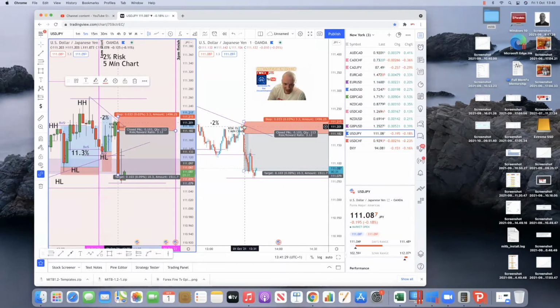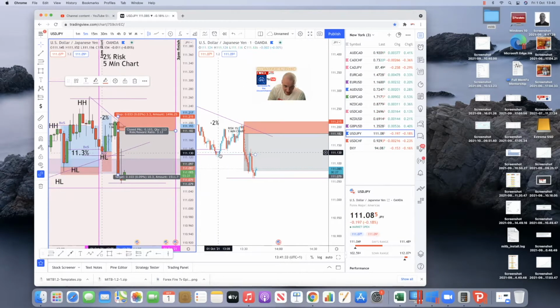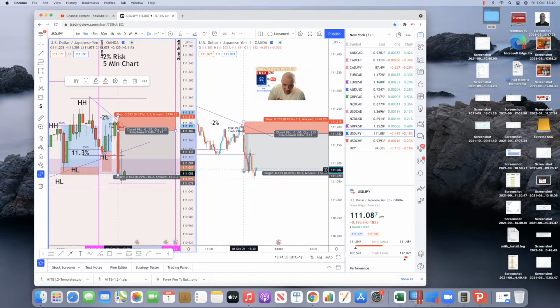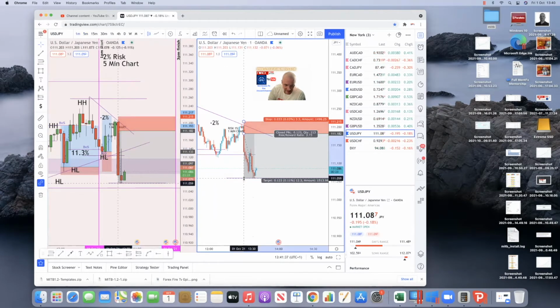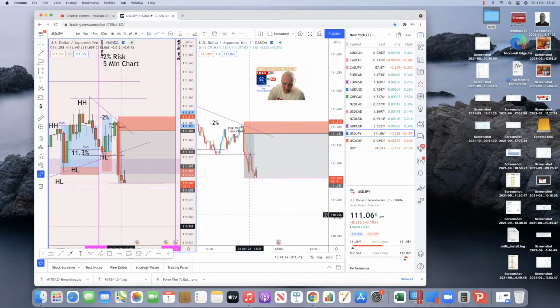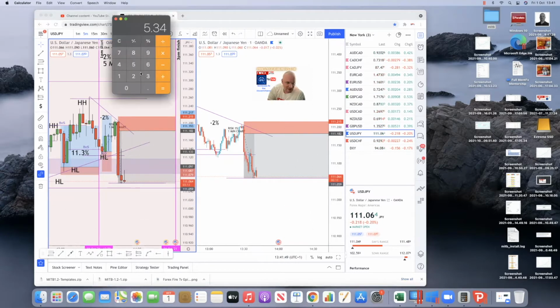Again, this ties in nicely with the 1 minute break of structure, as you can see here, waiting for the flag implementation to come back up into the order block area. If it does that on the 1 minute, there's a 3.73. Again, on this, you just times your 3.73 by that 2, it's around about 7.46.